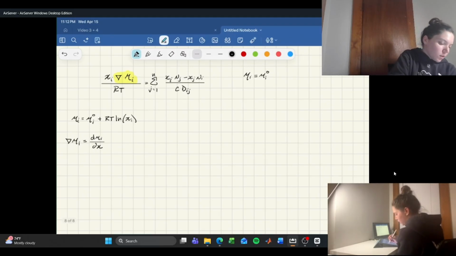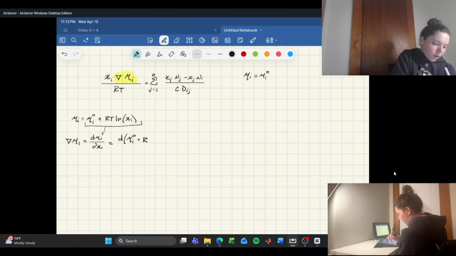So we're going to plug this part in here and take the derivative. It's going to be d of the chemical potential of i at standard state plus ideal gas constant times temperature times natural log of the mole fraction of i, over dz.